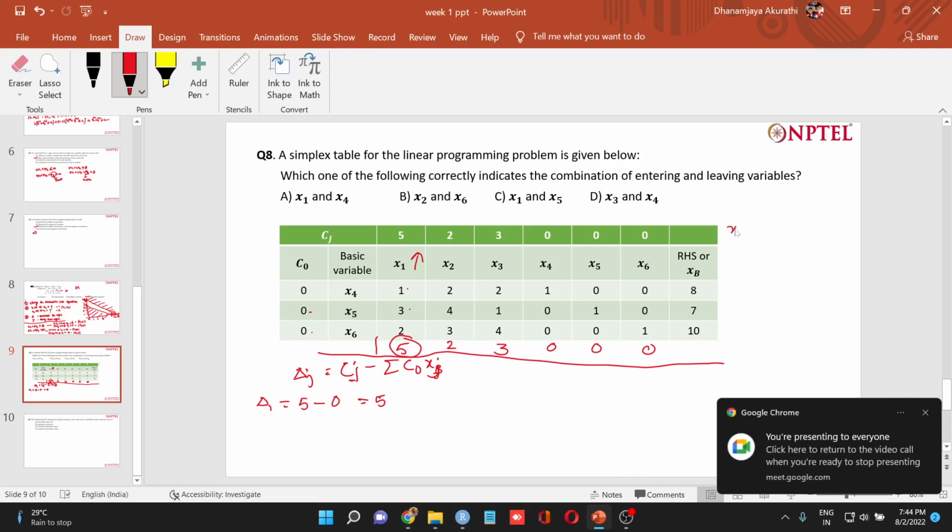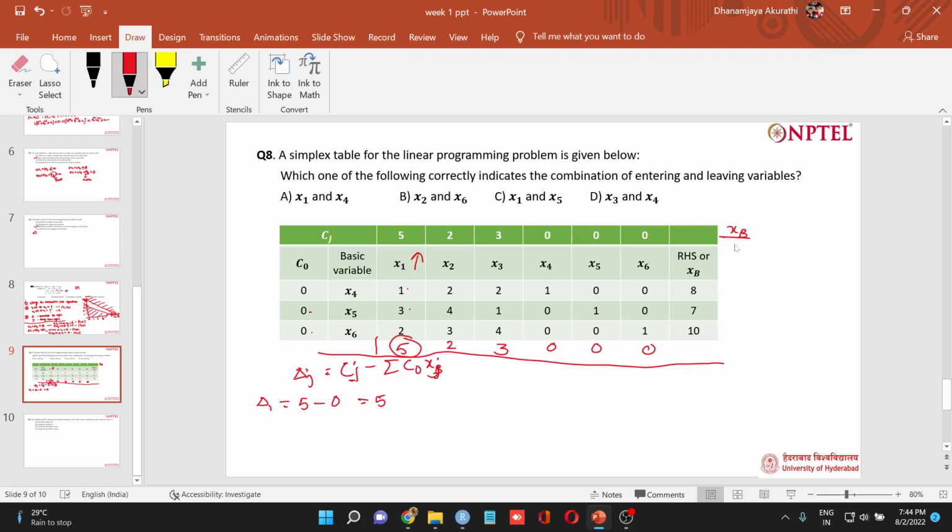Here the minimum ratio should be xb by the corresponding aij values, that means the entries available in the pivotal column. Here the x1 column is the pivotal column. And also xb should be greater than or equal to 0.